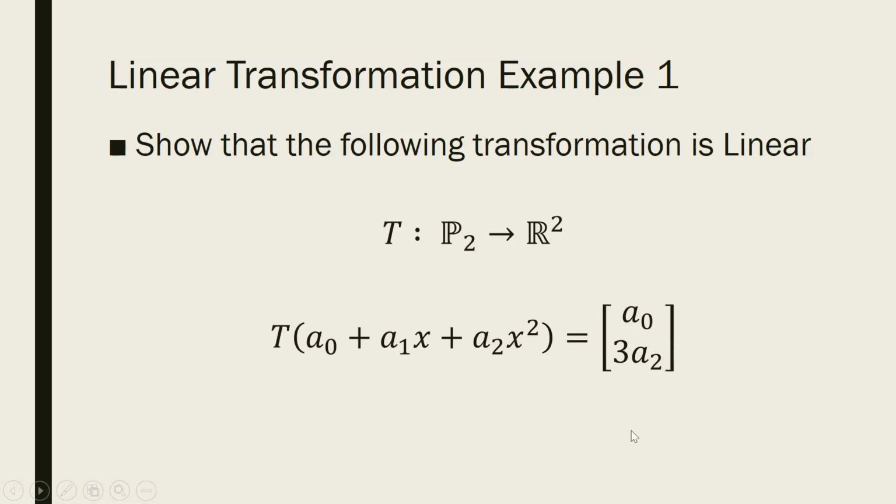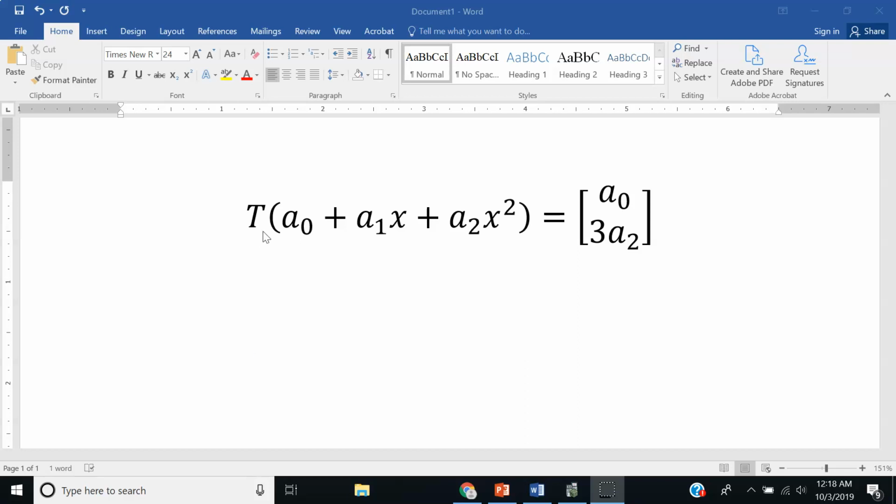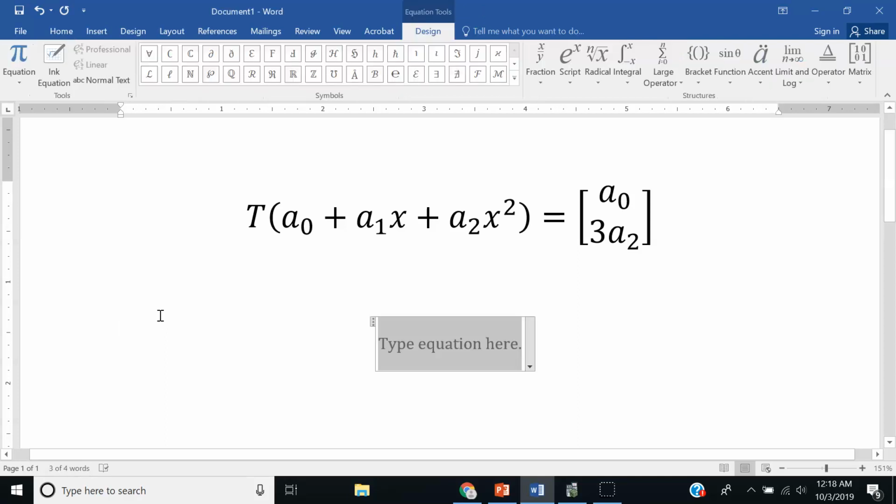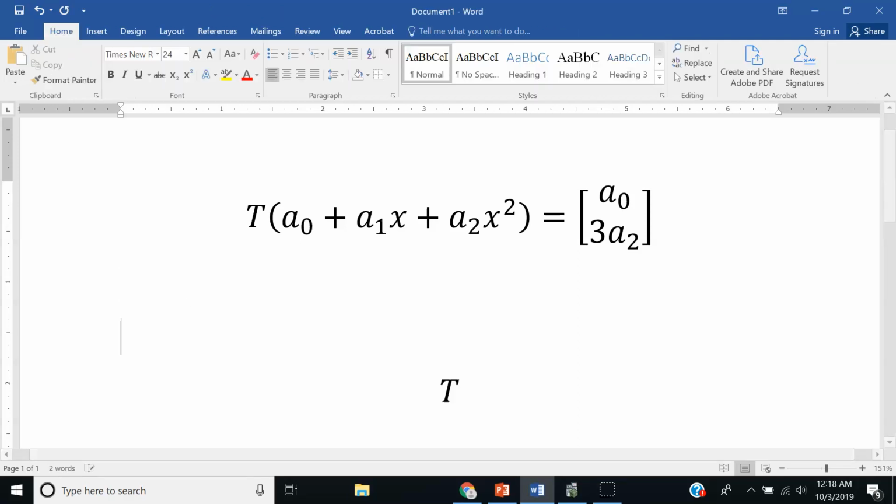All right? So we're going to show that this transformation is in fact linear. So we take this mapping, and what we're going to do is see what this mapping does to arbitrary vectors. First off, let's talk about the sums. So let's see if we preserve vector summation. Okay?